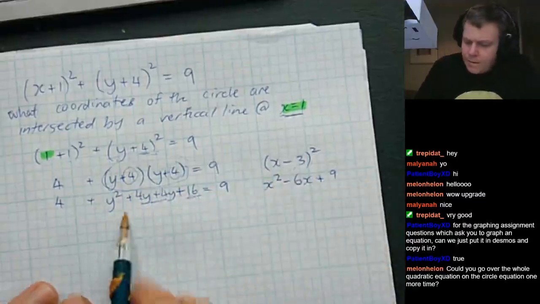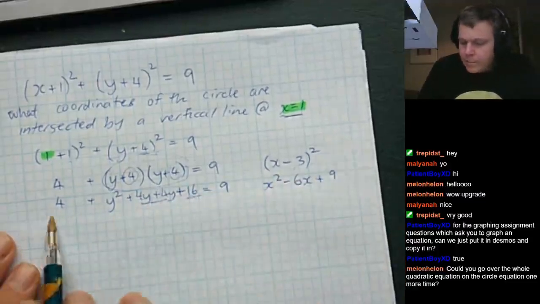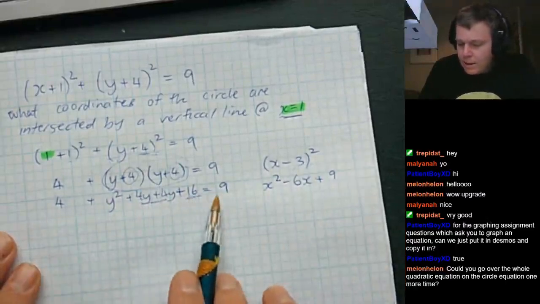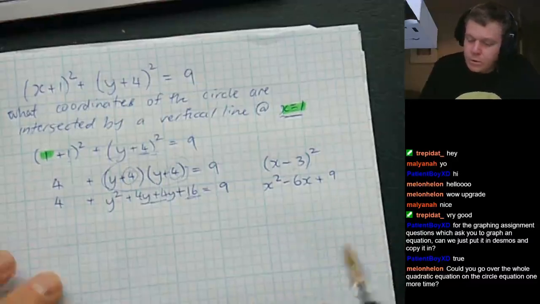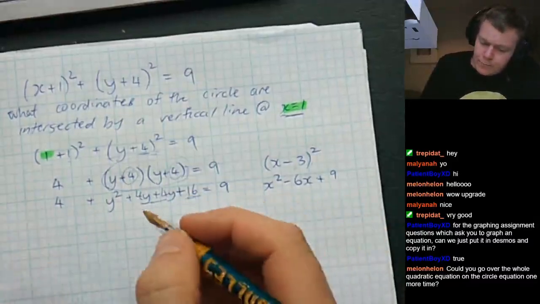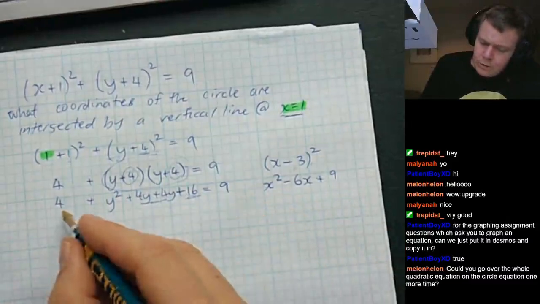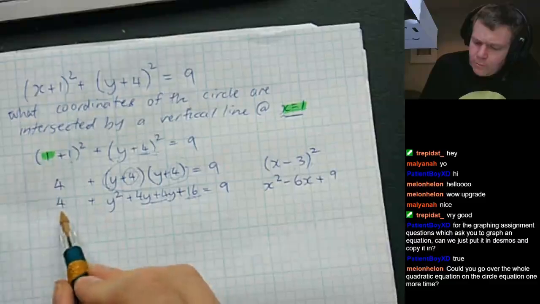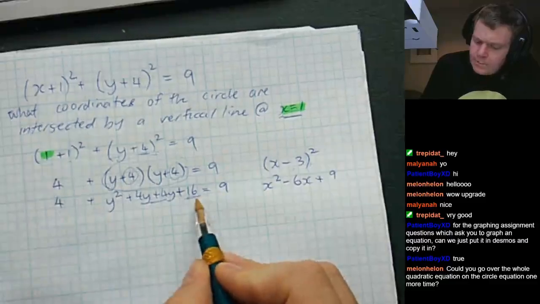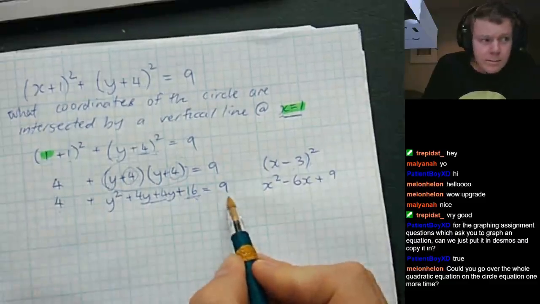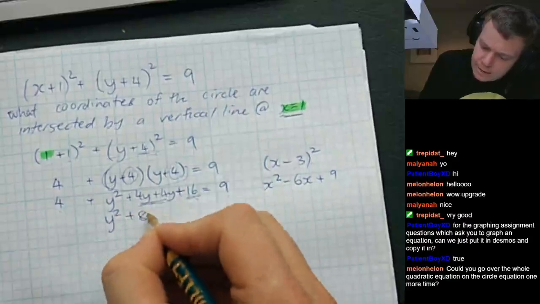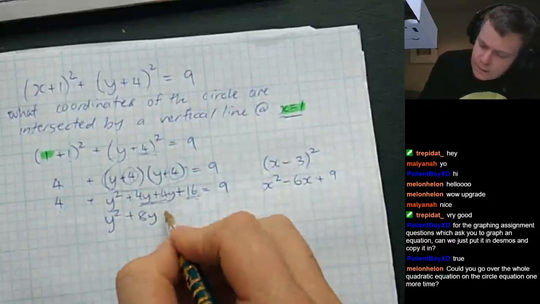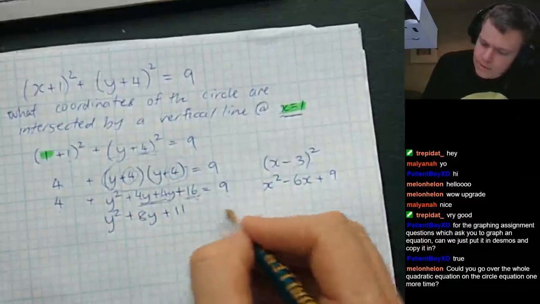Okay, now we've got a big equation that we can simplify to make it into a quadratic. We want to put 4 and 16 together to make 20, and 20 minus 9 would be 11. So we're going to get y squared plus 8y plus 11.